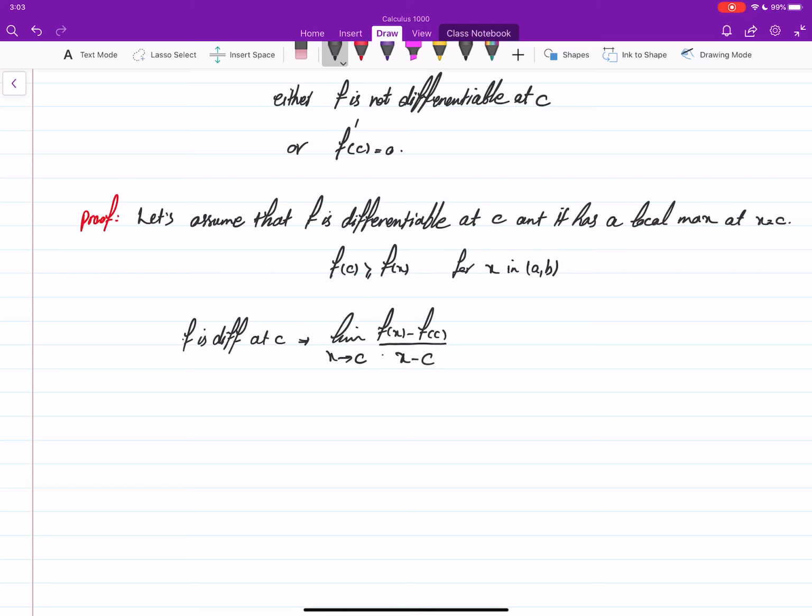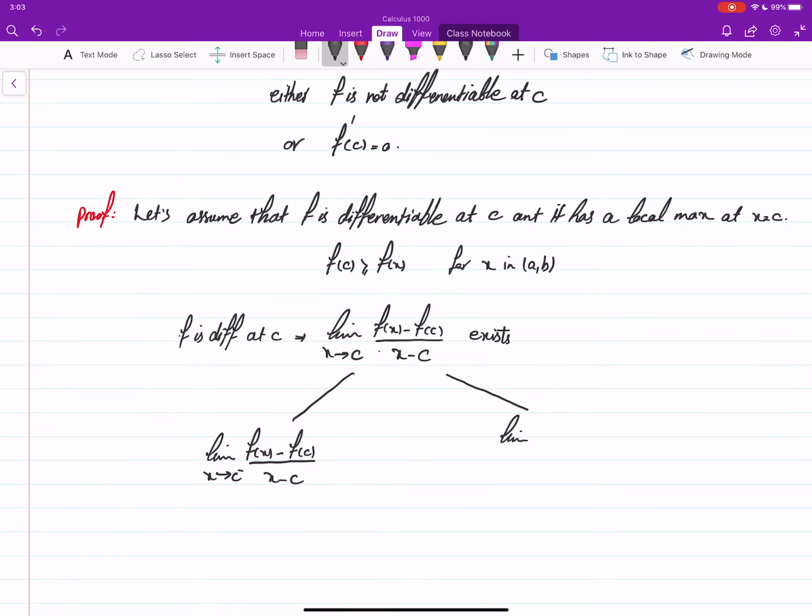Since this exists, we can find the right limit of this and the left limit of this. That was the left limit, now this is the right limit, as x goes to c plus. And they need to be equal.